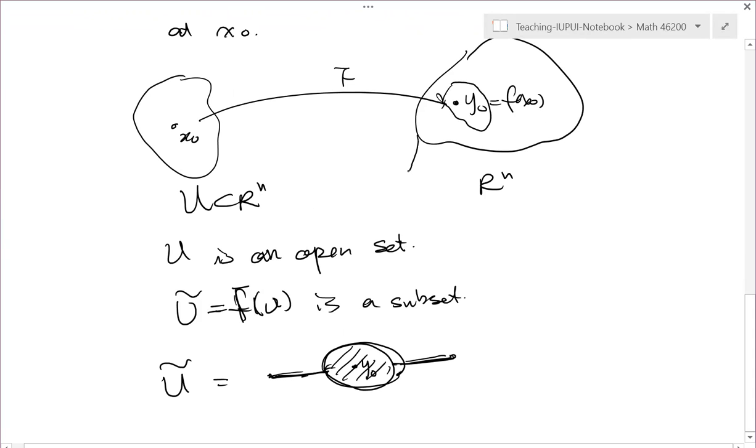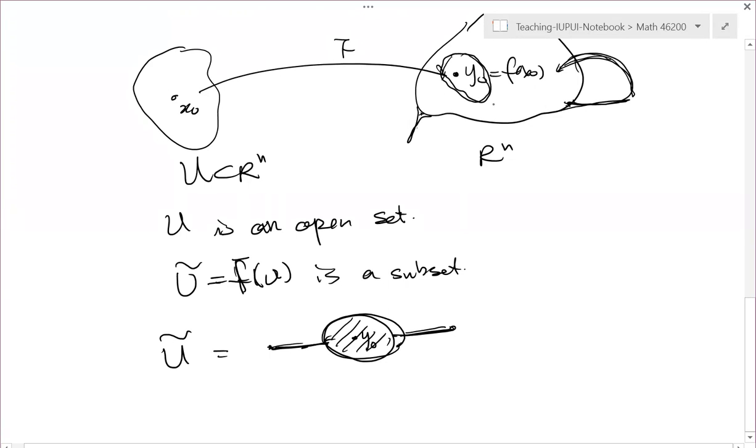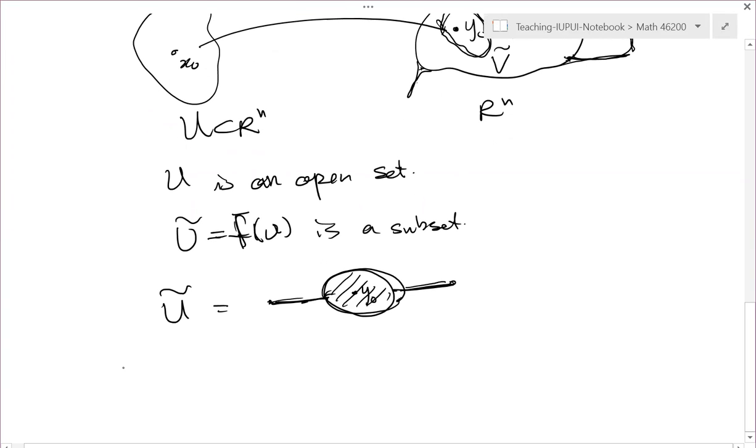The image can be very terrible, and sometimes the image goes back to here. It looks very bad, but you can find an open set here, which I'm going to call V-tilde. My notation is slightly different from the book. So the conclusion is that there is an open set.